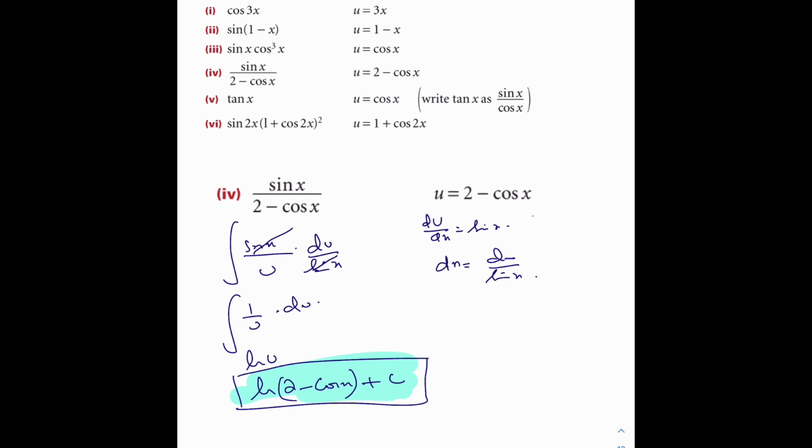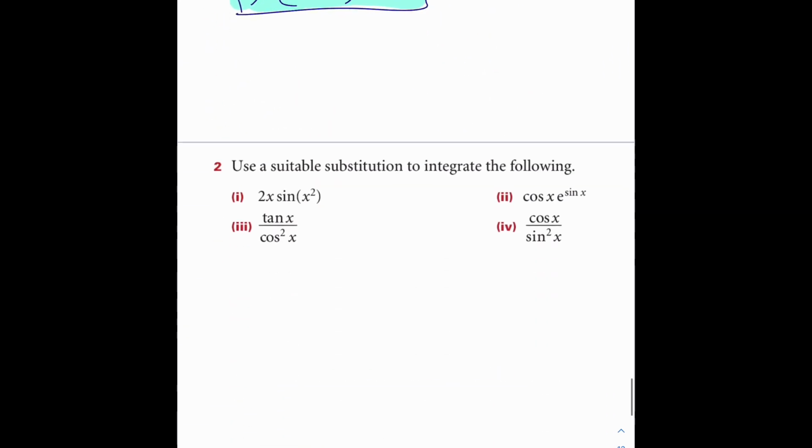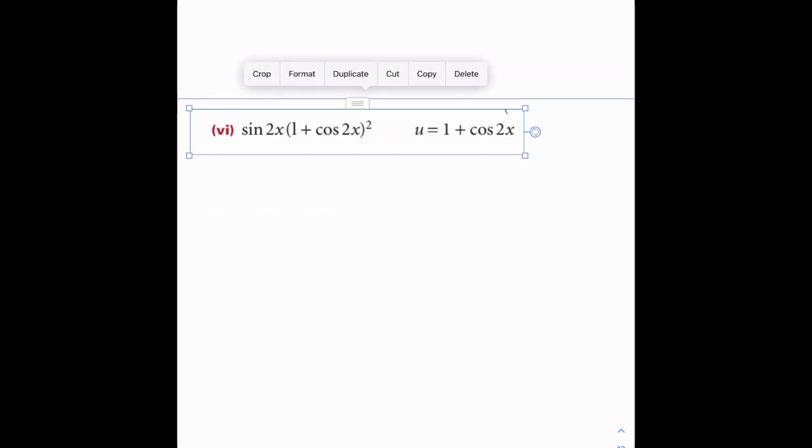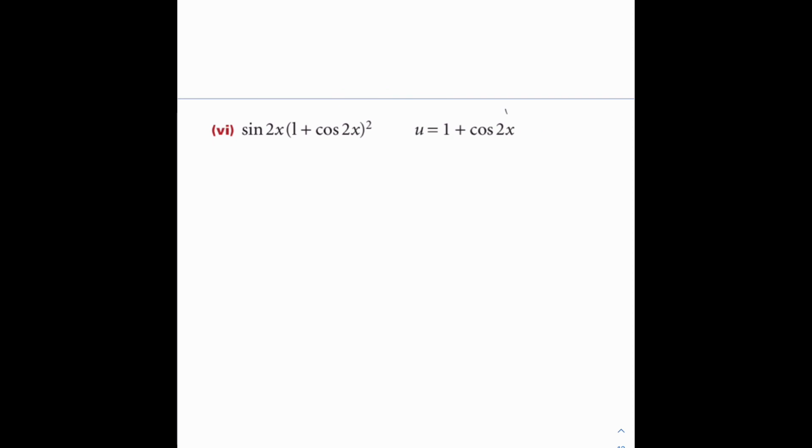Now I'm doing the last part, the sixth one: sine of 2x upon 1 plus cos of 2x squared. They've asked us to take u as 1 plus cos 2x.